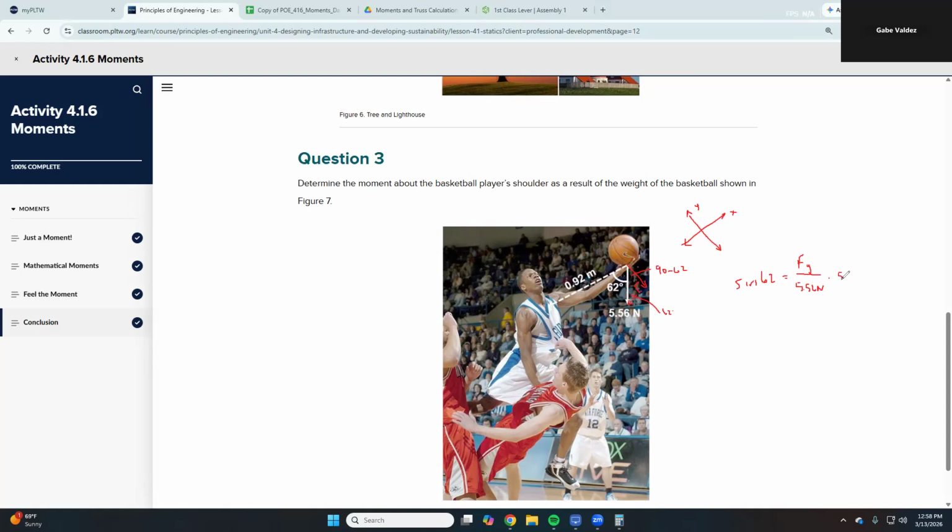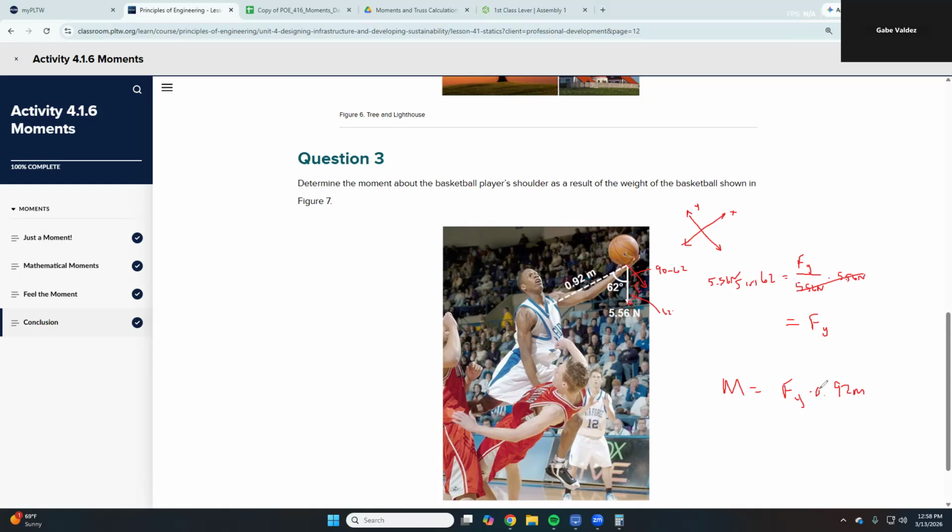Multiplying by 5.56 newtons on both sides, I end up with the y component. And that y component is what generates a moment about the shoulder. So then the moment is equal to whatever that calculates out to be, force times distance, which is 0.92 meters.